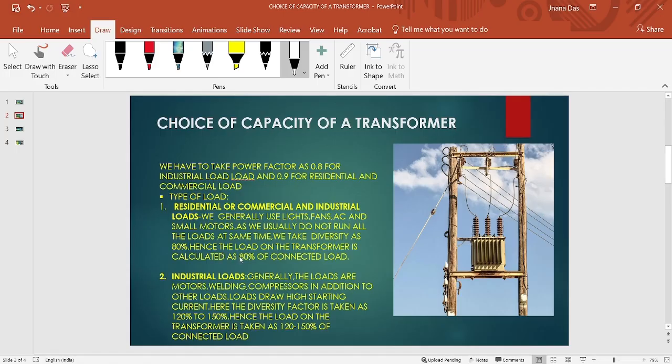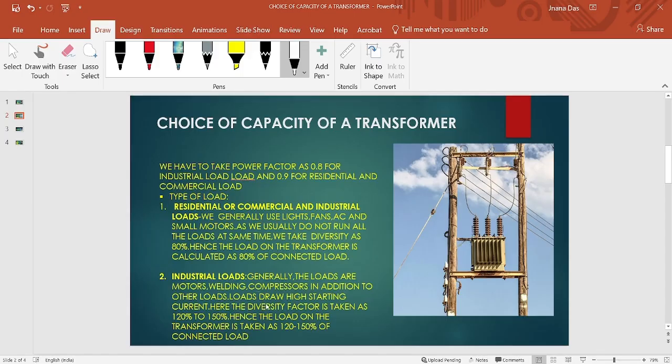Hence the load on the transformer is calculated as 80% of the connected load. So for residential and commercial load, we take the diversity factor as 80%.